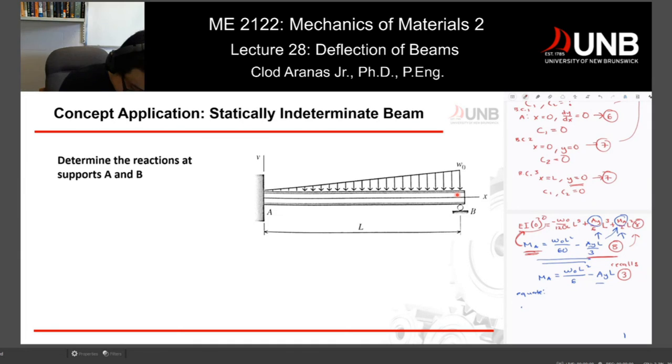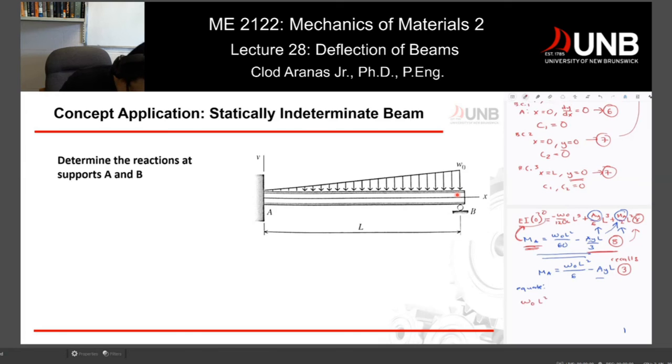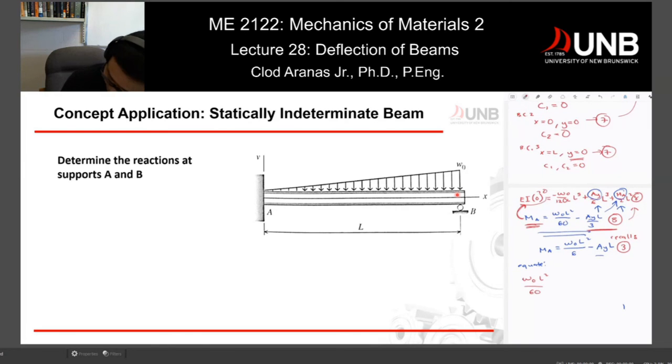Okay, so now we can equate them because they are both M sub A. So now W naught L squared over 60 minus A_y L over 3 is equal to W naught L squared over 6 minus A_y L. Now, you can see that we only have A sub y here and A sub y over there, so you can easily calculate A sub y.